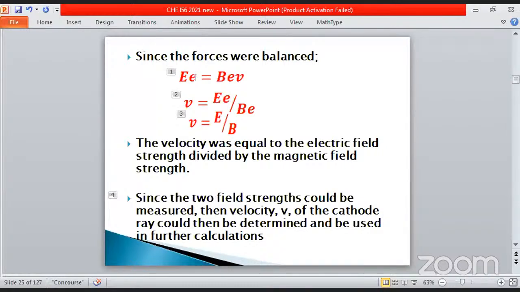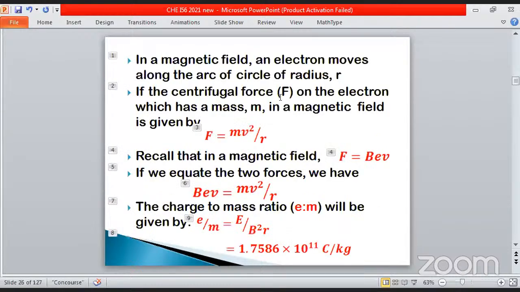The m was gotten from the centrifugal force, that's F equals mv squared over r. We did all this last week. We came up with the charge to mass ratio being approximately 1.7586 times 10 to the power 11 coulombs per kilogram.